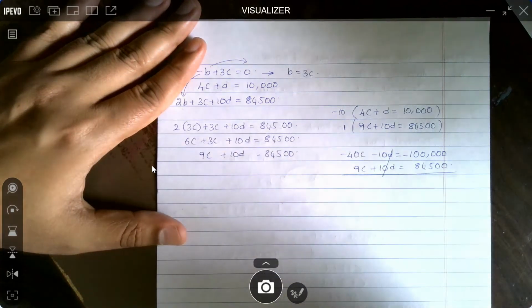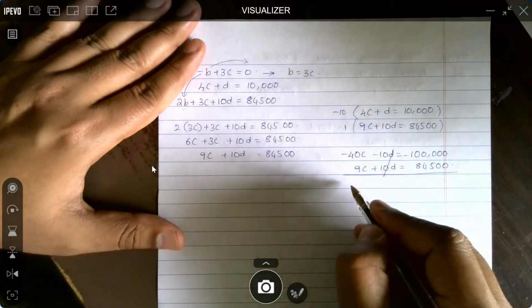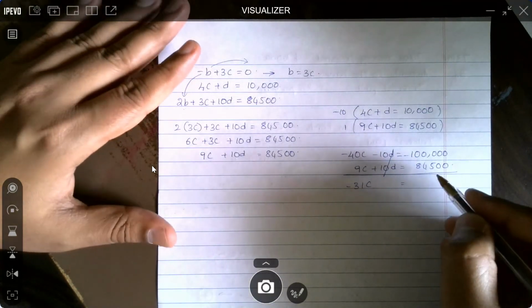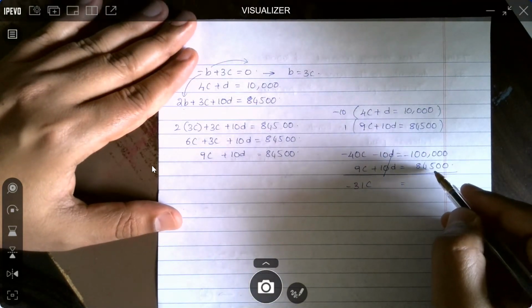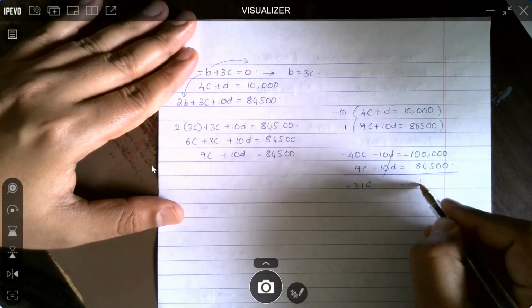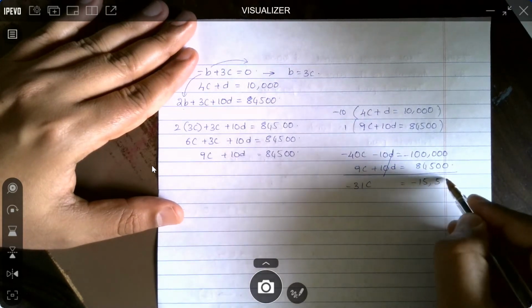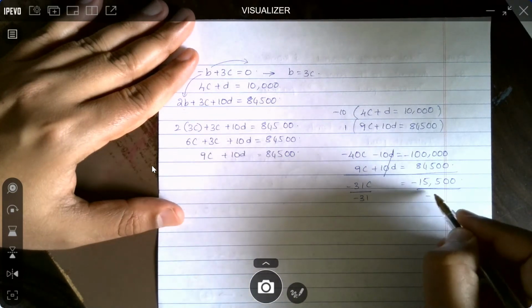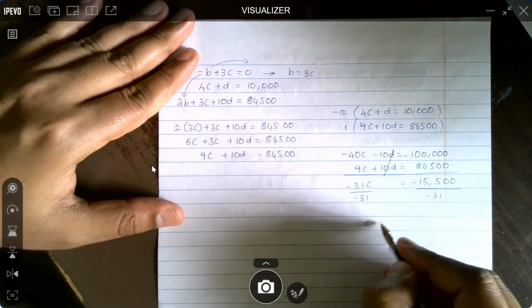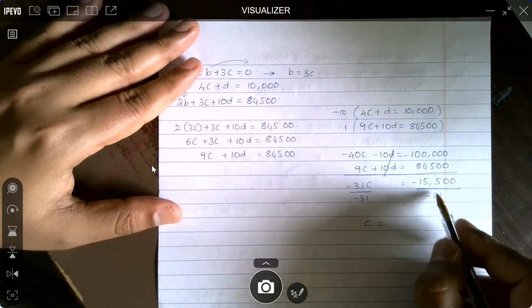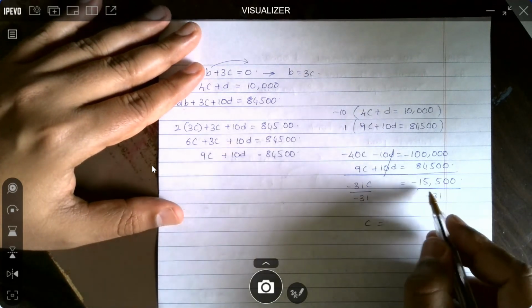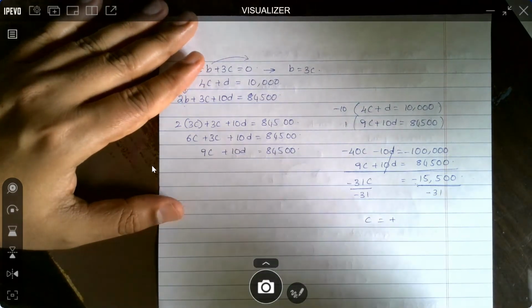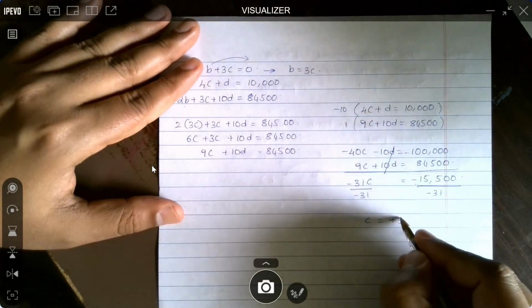These two get cancelled out, so that gives you negative 31C is going to be negative 15,500. Divide by negative 31. I hope I get the right answer. So C is going to be 500. When you divide two negative numbers, you get a positive quantity, so remember that.